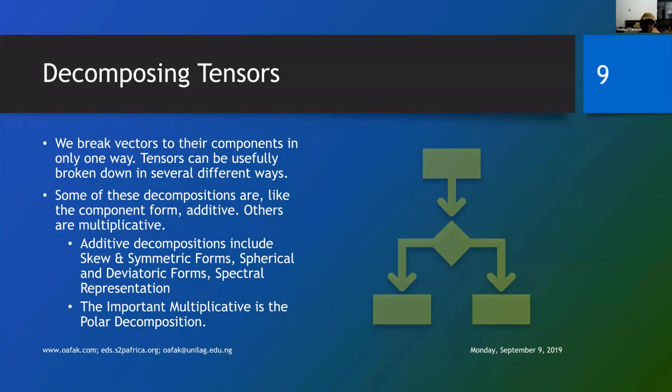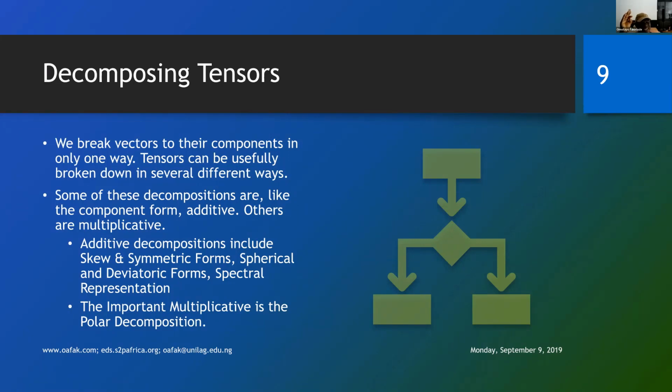Because it is easier to deal with those 3 vectors than with the single vector. Once you have I, J, and K components, getting a dot product, getting everything becomes so easy. Even getting the magnitude is easy. You just square and add all the components and take the square root.